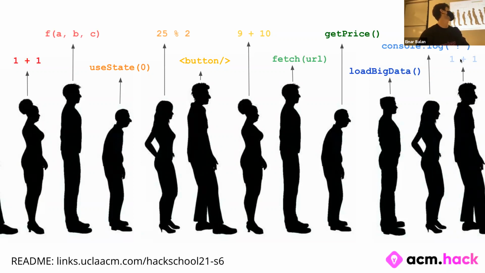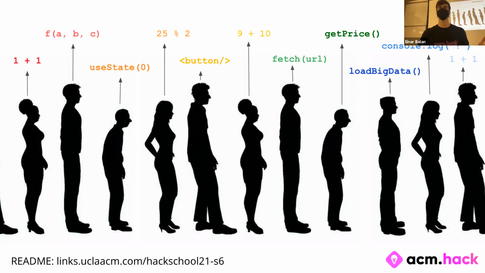For example, this 1 + 1 just gets executed, and then this console.log has to wait for 1 + 1 to be executed before it can go. Likewise, this function loadBigData has to wait for that to finish executing, and getPrice has to wait for loadBigData to finish executing before it can be executed. So every task in your program, no matter how long it might take, is executed one by one in synchronous code. That's fine for a simple program where every task is completed really quickly.